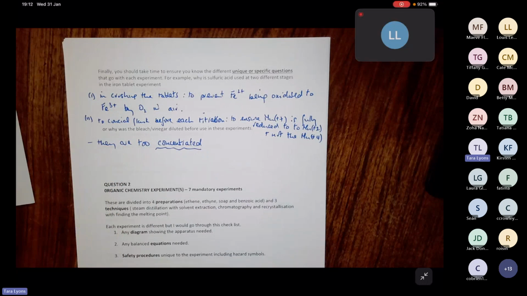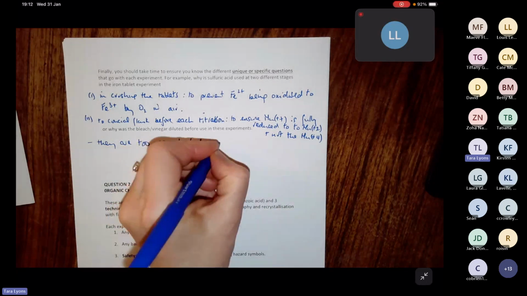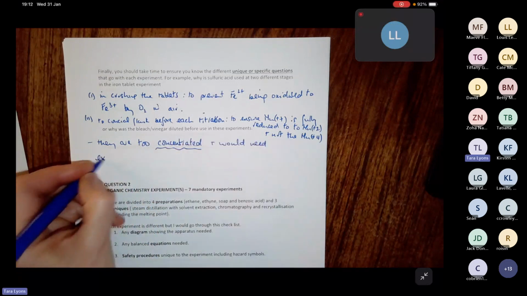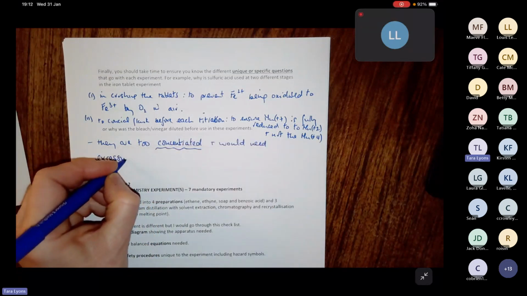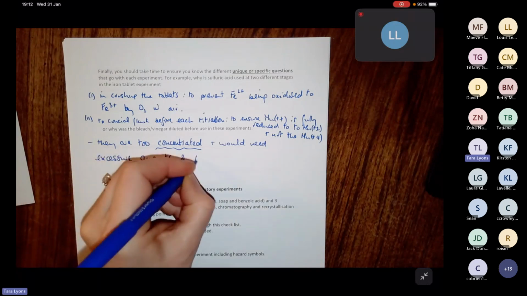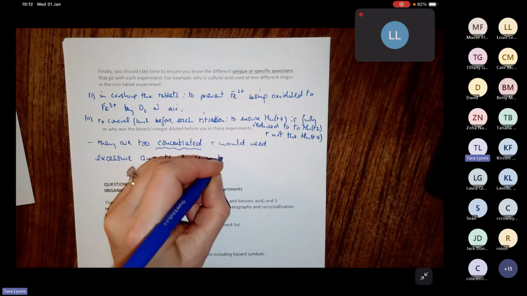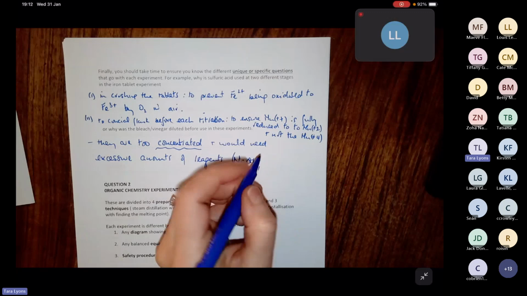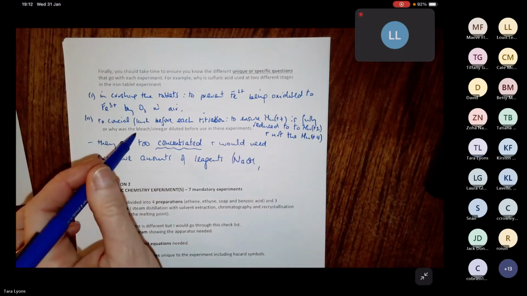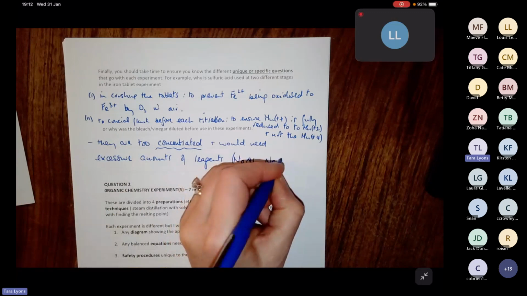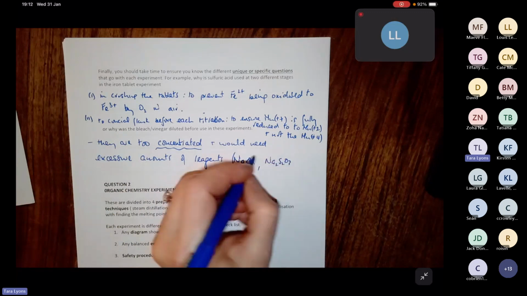So they are too concentrated and would need excessive or large volumes, whichever you like, excessive amounts of reagents, which in the case of vinegar would be sodium hydroxide, or in the case of your bleach, it's going to be sodium thiosulfate to react with the iodine liberated.